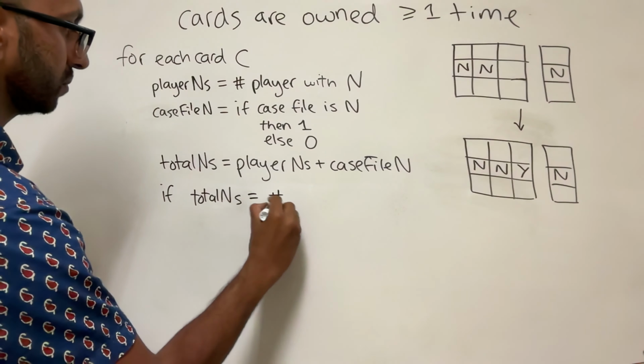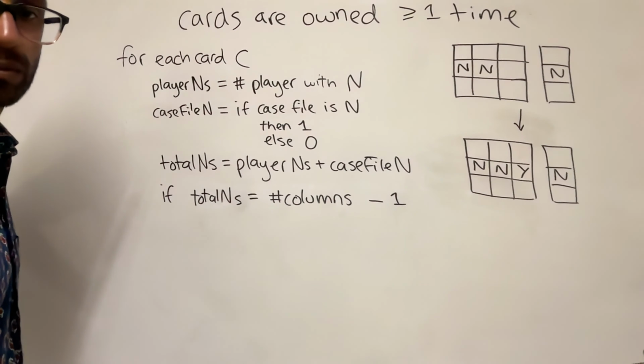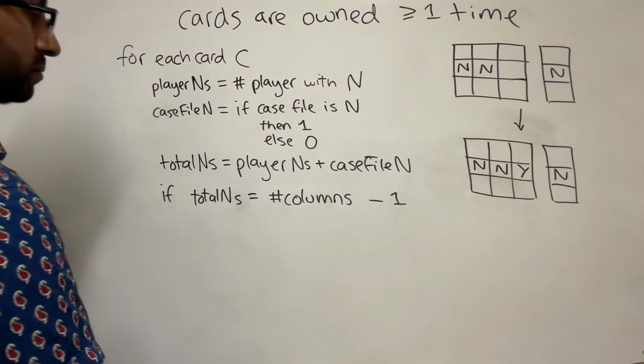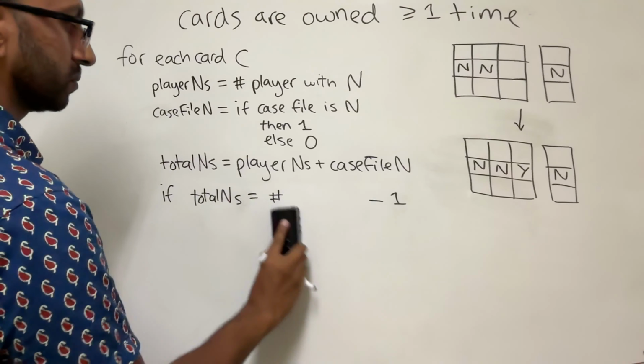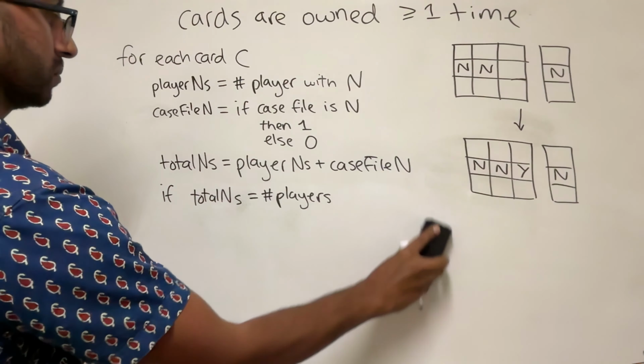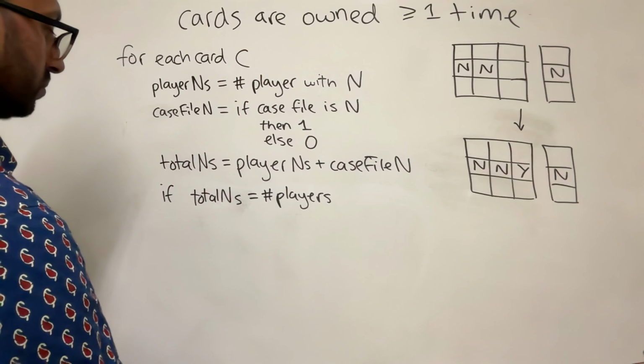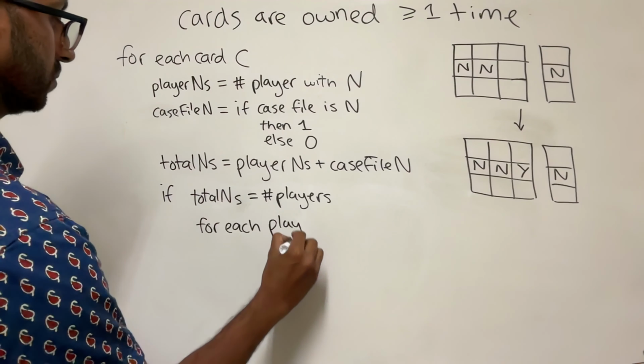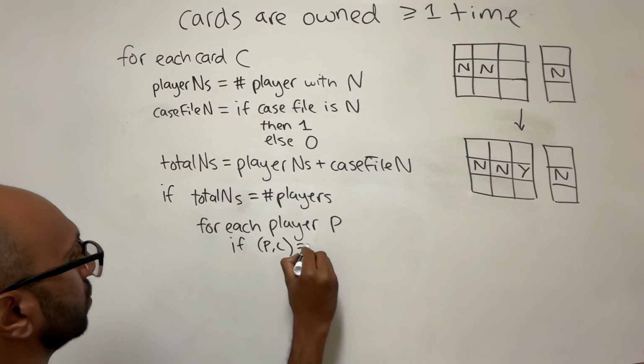Now we check if that total number of Ns is exactly equal to the number of columns minus 1, telling us that there's one cell left over with a blank or a Y. The number of columns is the number of players plus 1 for the case file, so basically, if count N equals the number of players. If that's true, then for each player, we'll go through its cell.